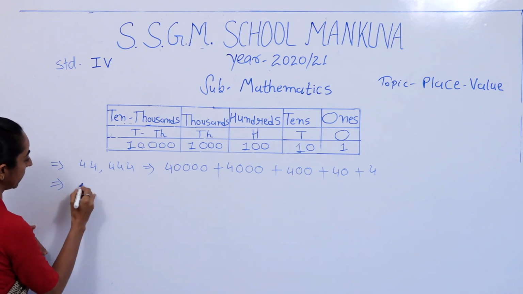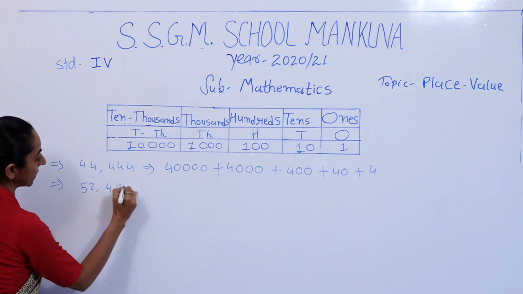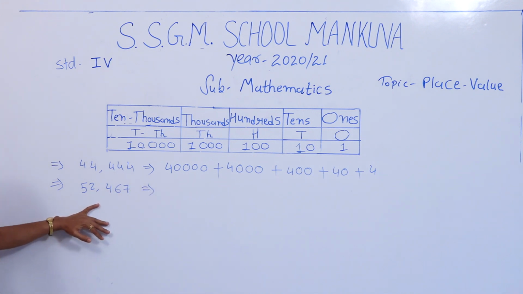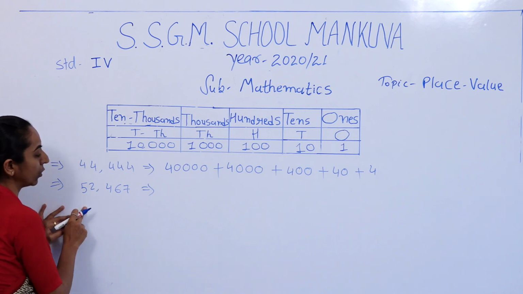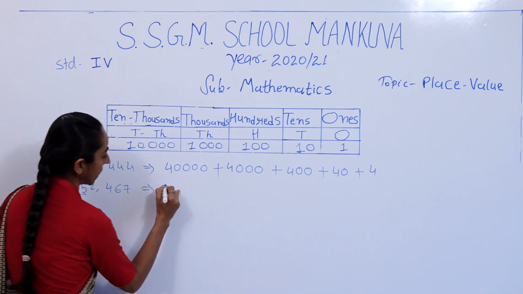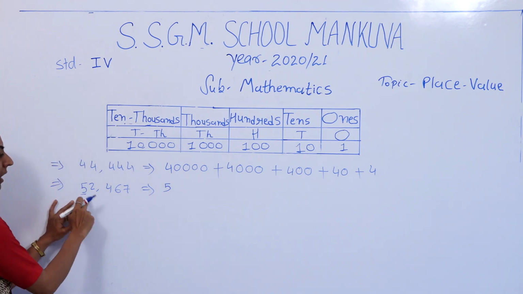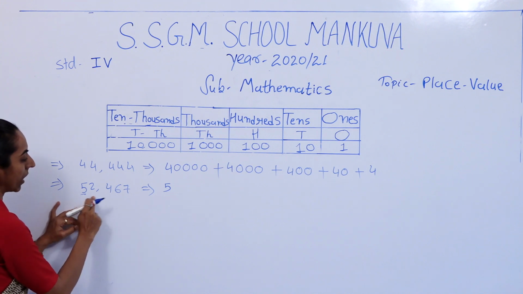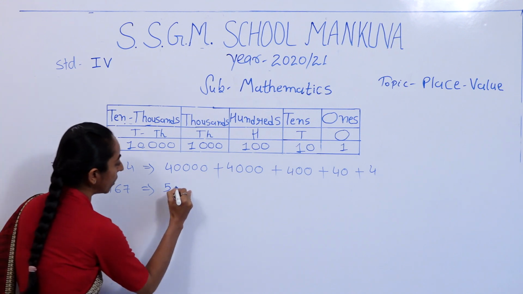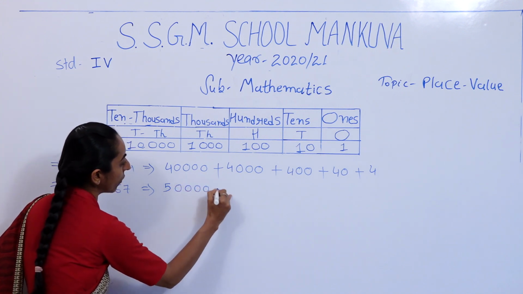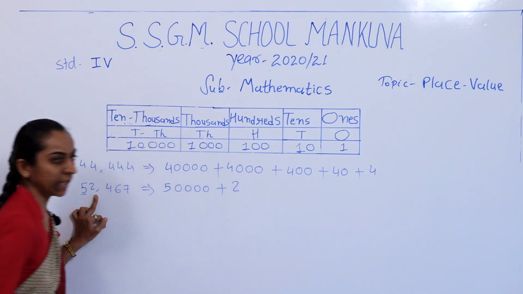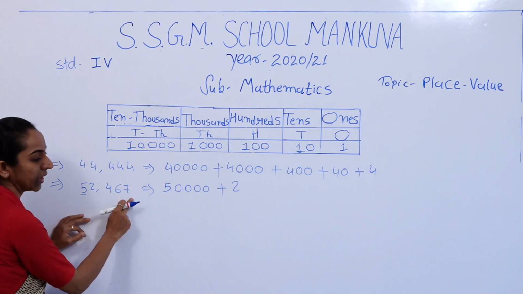Now next example, 52,467. We also write another method. 52,467. That means this first one, 5, write down and count the digits after it: 1, 2, 3, 4. That means 4 digits, we write 50,000... then the second digit is 2. Counting after the digit: 1, 2, 3, 3 digits.